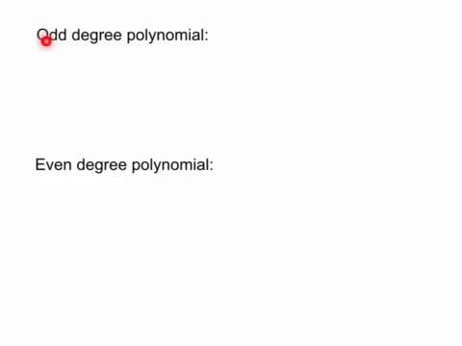So an odd degree polynomial, just like we said, those are the ones, and I'm drawing them here for you to see in the video, but you have them on your graphs, on your notes. They're the ones where each end goes different ways. So what that means is our end behavior is different. So odd degree polynomials have different end behaviors.